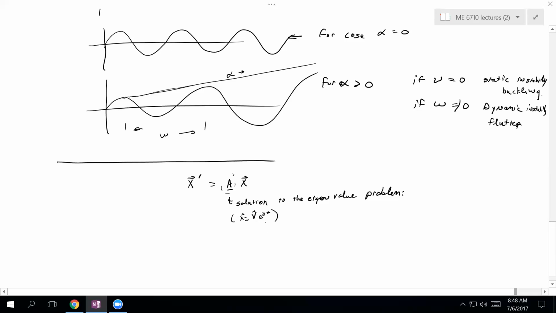So we assume a solution to the eigenvalue problem. We can plug in the solution, and that gives us the eigenvalue problem with V. The V's here are the eigenvectors, and the lambdas are the eigenvalues.